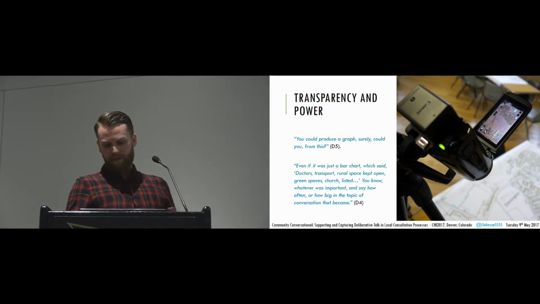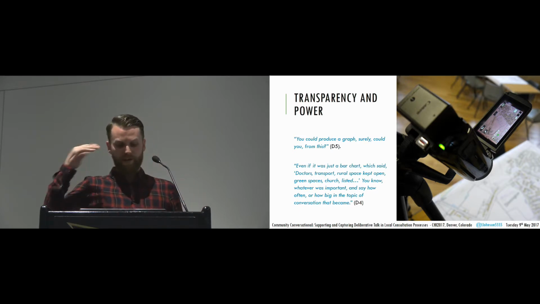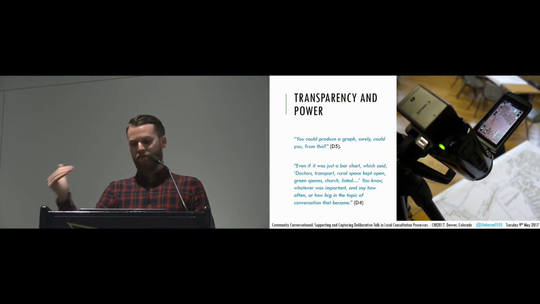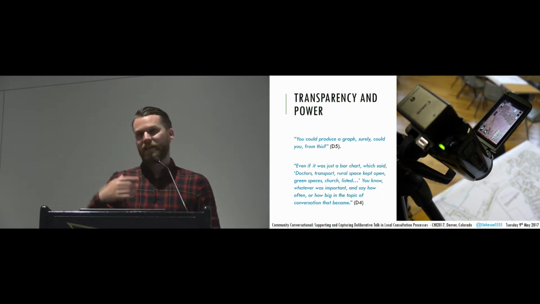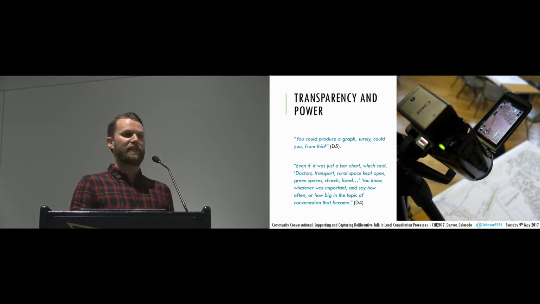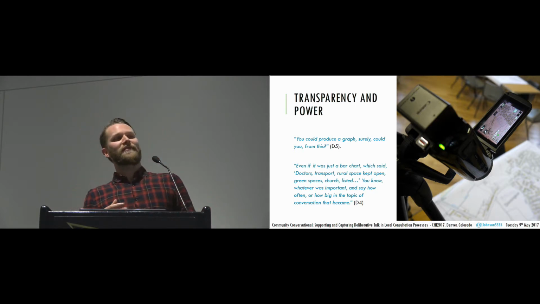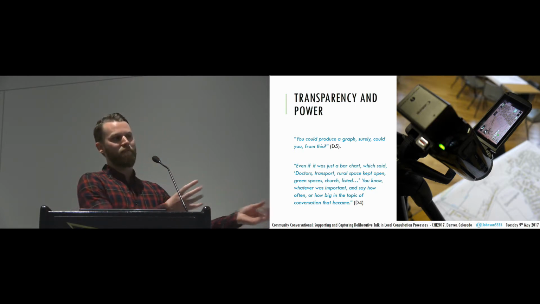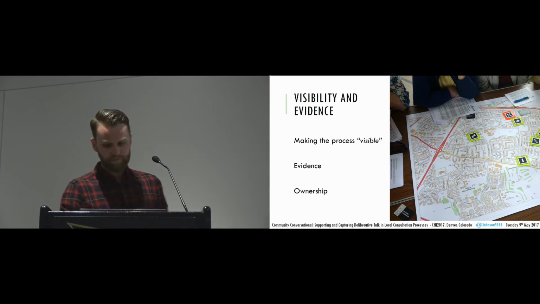One of them said, for example, even if it was just a bar chart that said doctors, transport, rural spaces, green spaces, whatever was important. In this case, the actual things he came up with on that list were the priorities that that group had already identified for the village. So they wanted us to be able, from our richer data, to pull out stats that backed up these priorities they'd already identified.